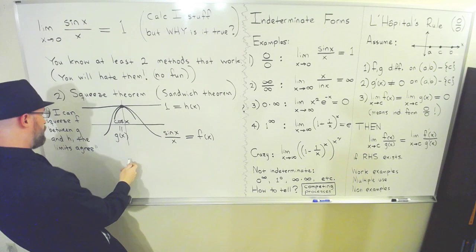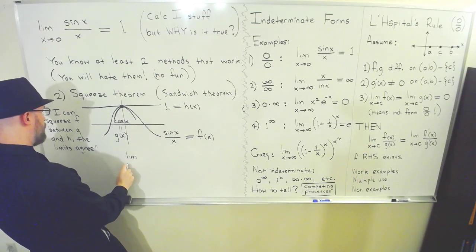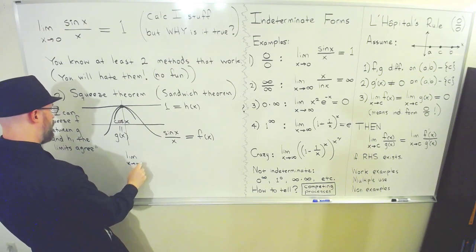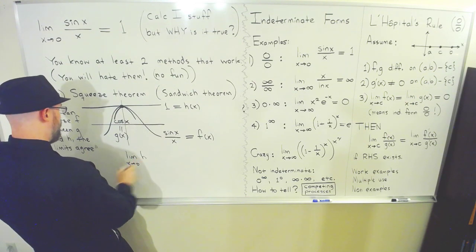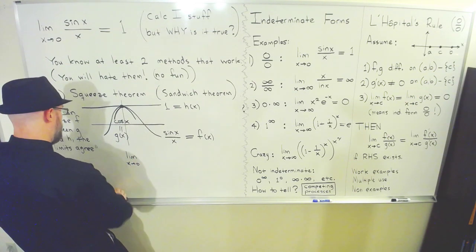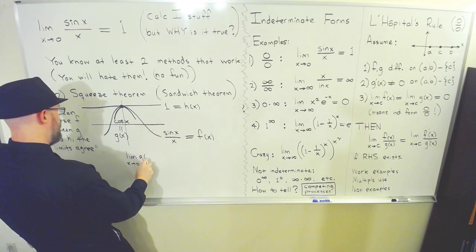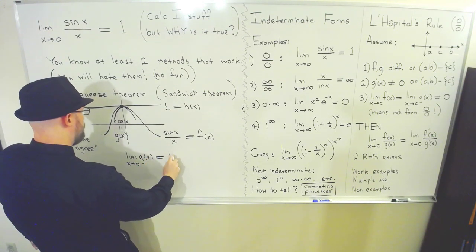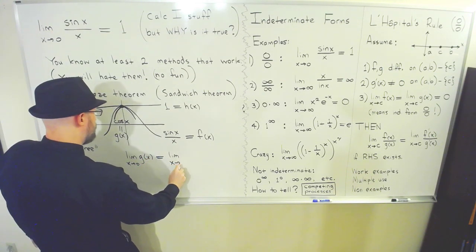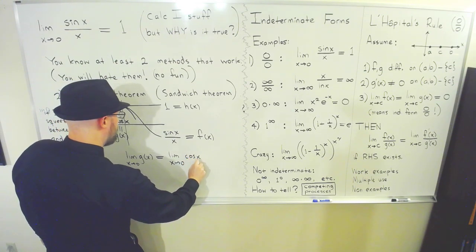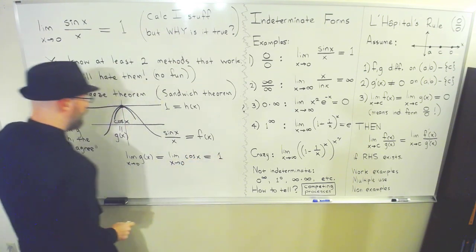You see here, the limit as x goes to 0 of g of x, I'll write the g first, is equal to the limit as x goes to 0 of cosine x, and that, as we saw before, is 1.